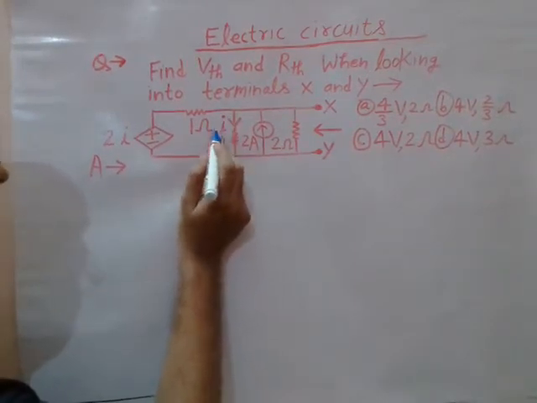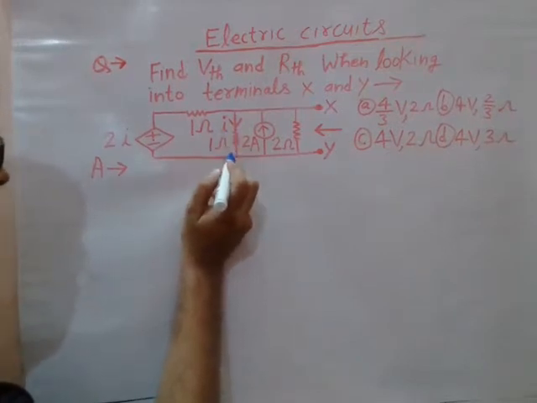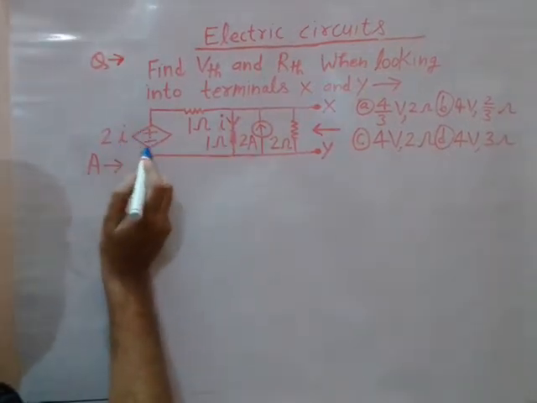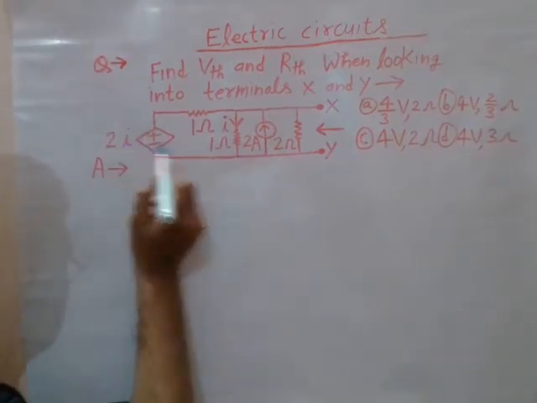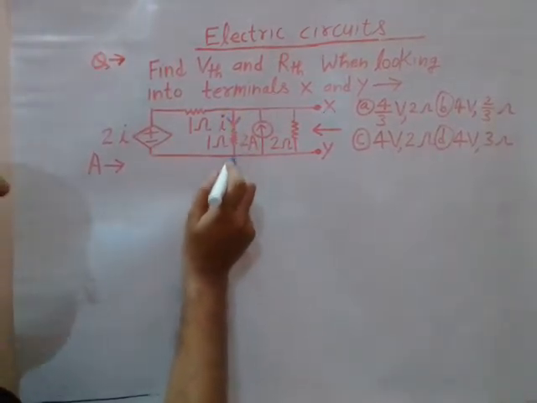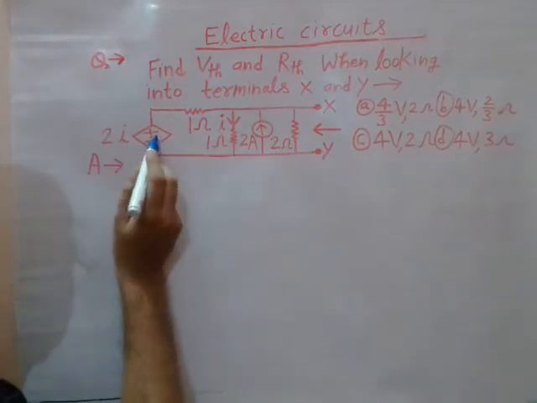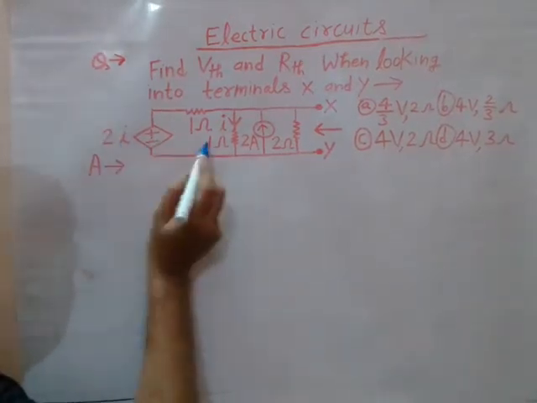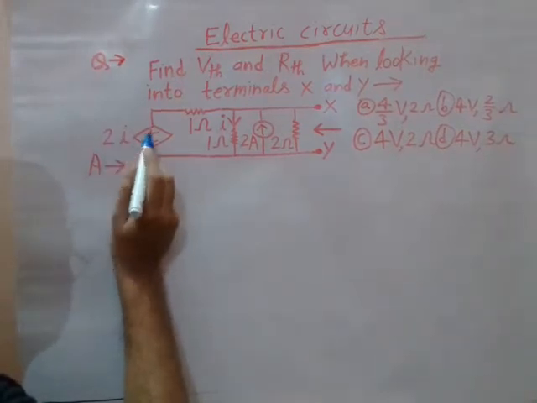This current I is flowing in this 1 ohm resistance. So this is a dependent voltage source because its value depends on the current flowing in another branch. Basically, I is a current, so this is a current dependent voltage source, right?